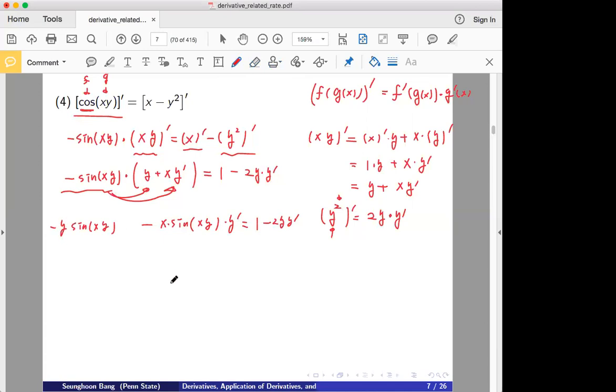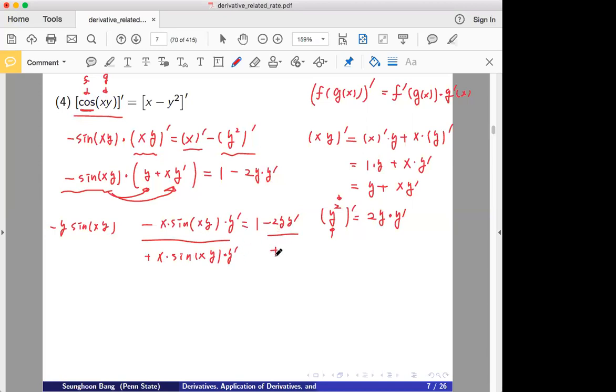The next tip: you have to isolate the y prime terms. We have 2 y prime terms. This is a y prime term. This is a y prime term. I want to move this longer one to the right hand side. So you add x times sine xy times y prime.